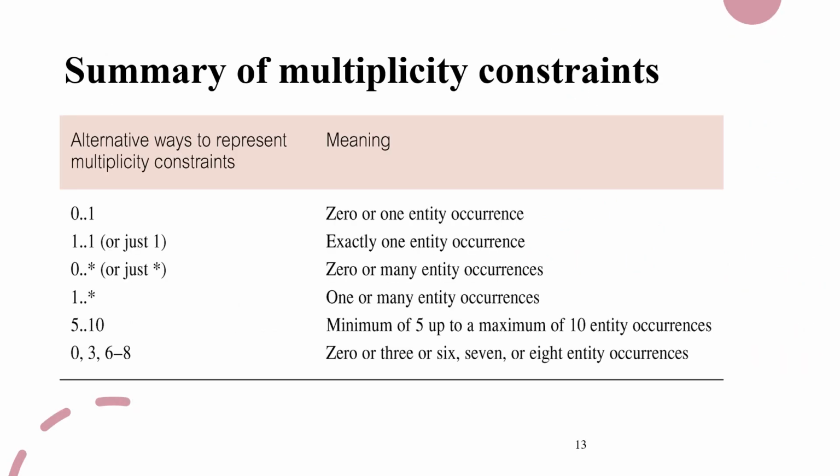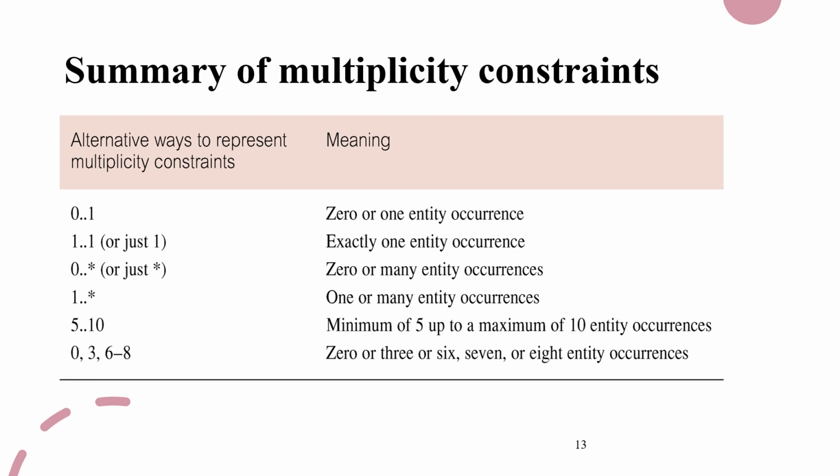This is the multiplicity constraints that has been explained previously. 0 to 1 is 0 or 1 entity occurrence. 1 to 1 is exactly 1. 0 to star, or just star, is 0 to many entities. 1 to star is 1 to many. 5 to 10 is very precise, they provide a scale of 5 up to 10 maximum.